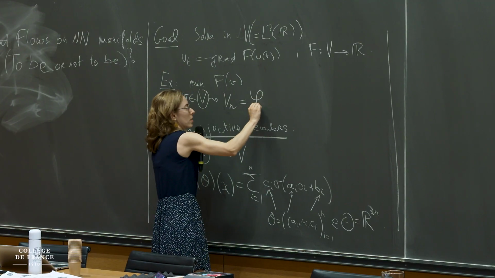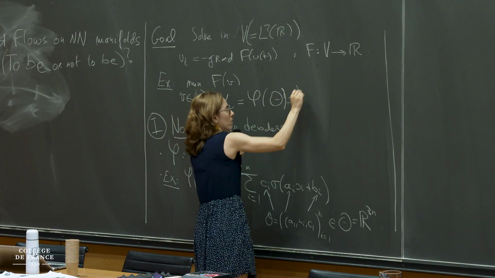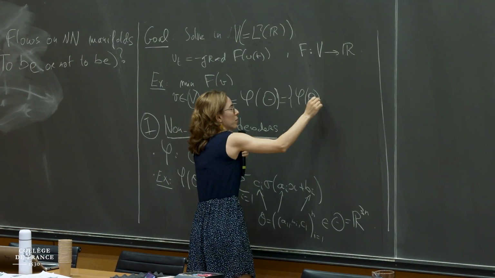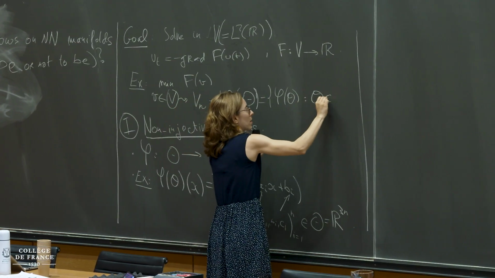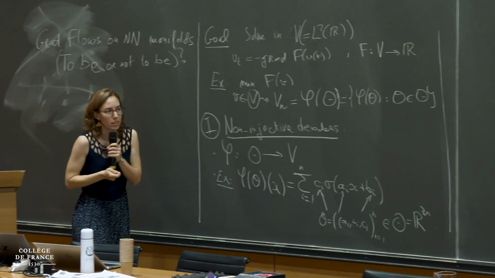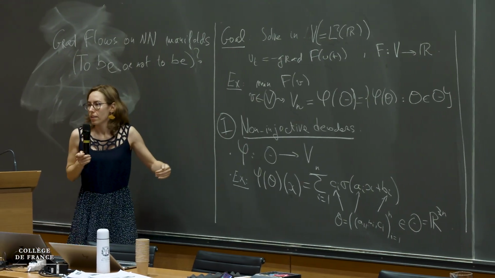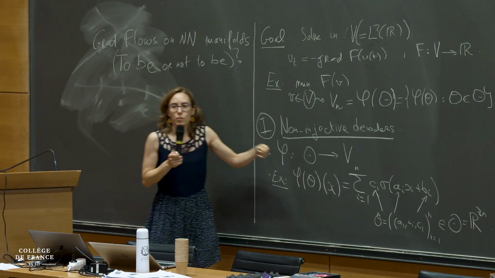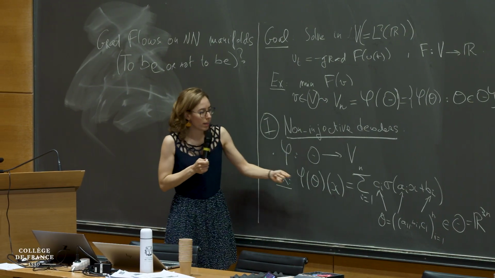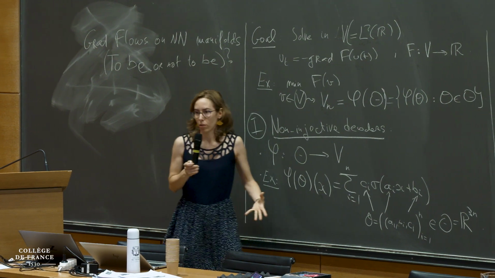So it is going to be phi of capital theta, or in other words, the family of phi of thetas when I make theta vary in my ambient space of parameters. Now, it is very compelling to think, okay, so this is a parametric approximation, so this looks like a manifold.